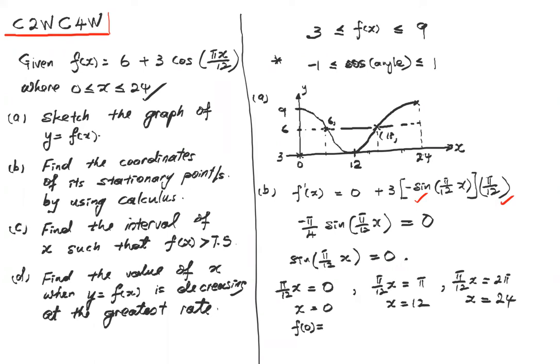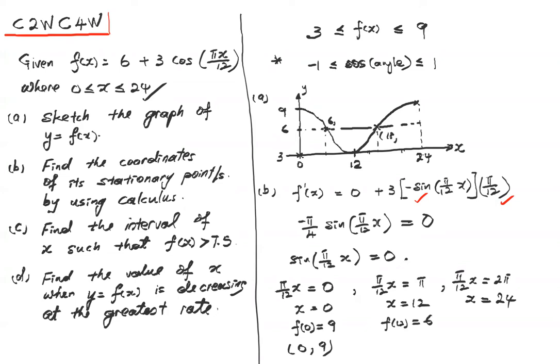So I got 9. Am I right? So I just write down 0, 9. The question didn't ask for nature, so I don't care. But I look at the graph, I know the nature of the stationary point. Am I right? Okay, so next one, I put F12 and I got 6.